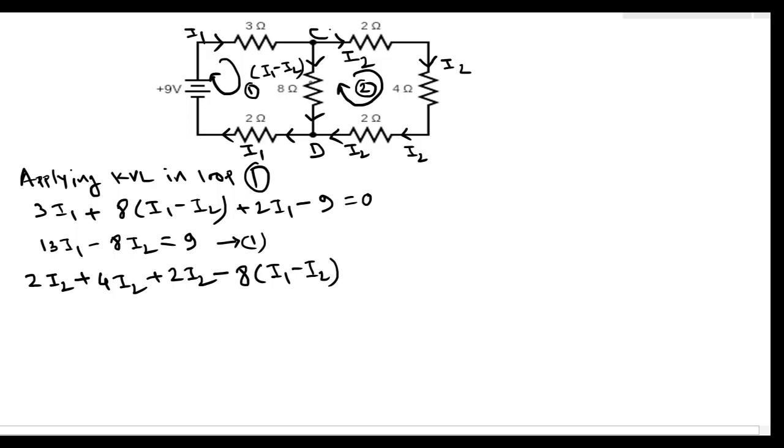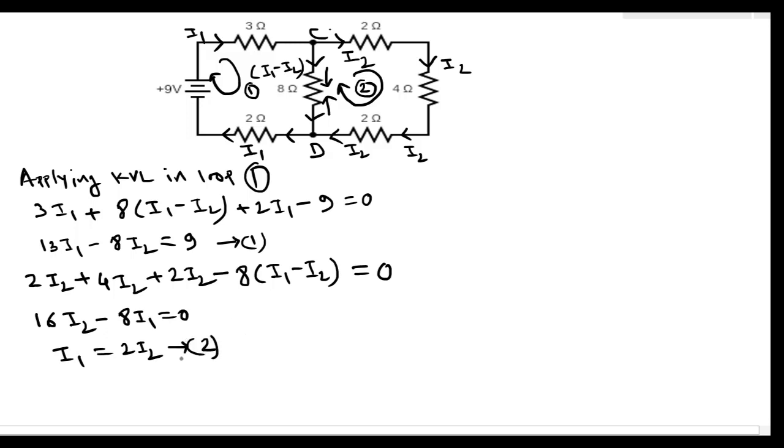Here the direction of current is downward and we are moving in the upward direction, so the negative sign is there, equal to 0. If we simplify this, we get 16 I2 minus 8 I1 is equal to 0, or I1 is equal to 2 I2. Let's say this is equation number 2.